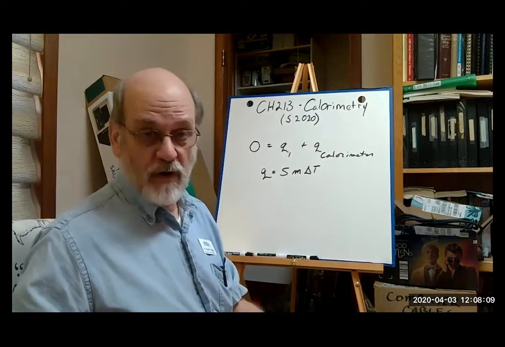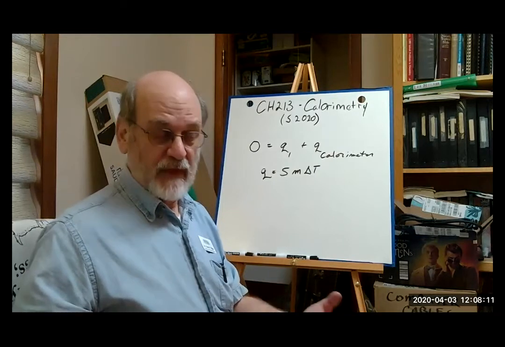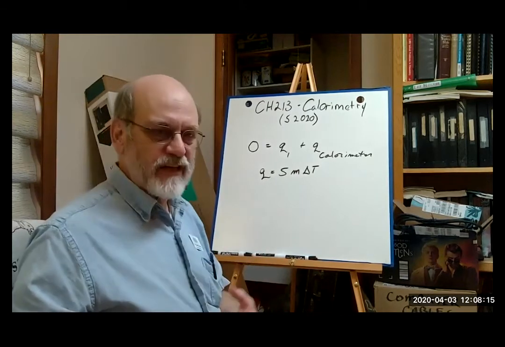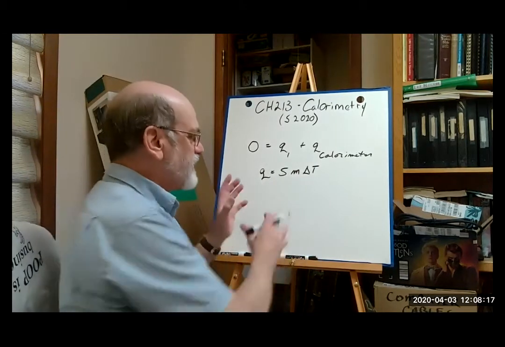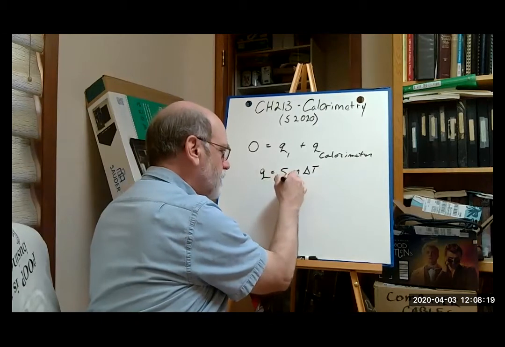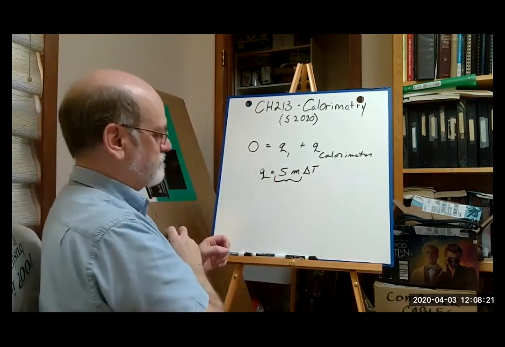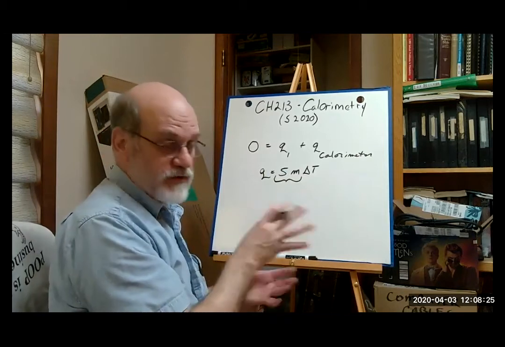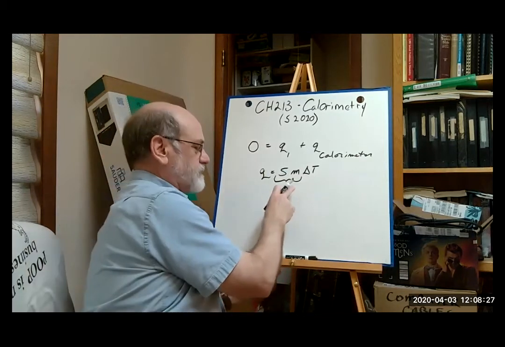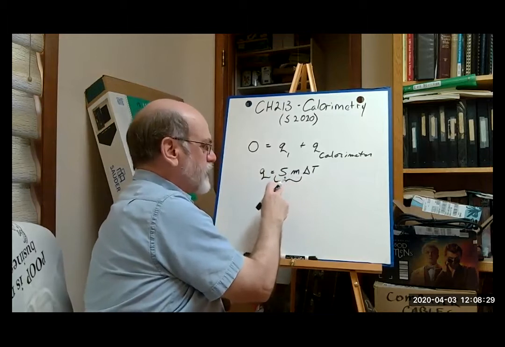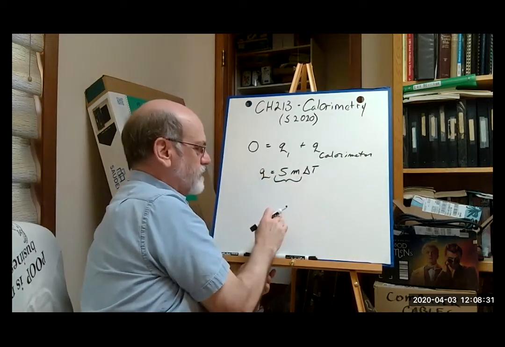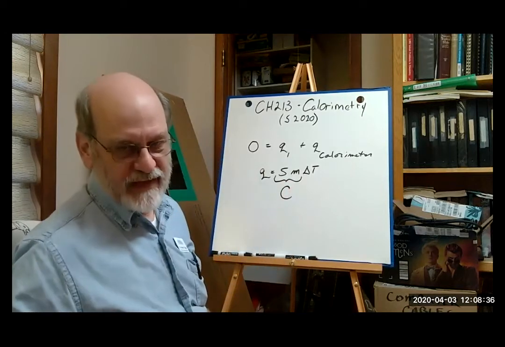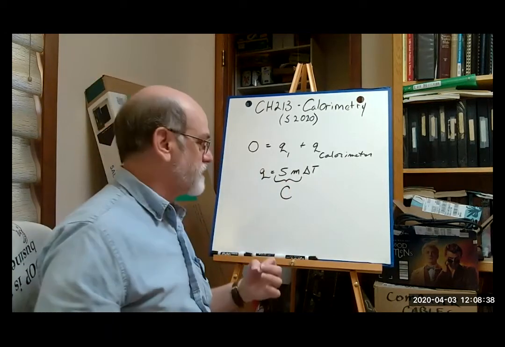The thermometers are all different, right? So we have to determine a value that is a composite of these two, right? So there is a specific heat capacity, we just don't know what it is. So what we'll do is we'll put those two together and produce a big C, which is our calorimeter constant.